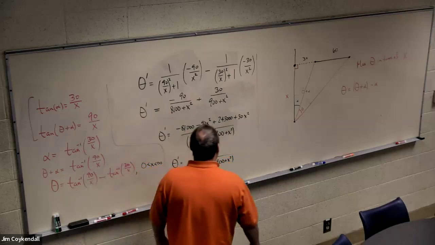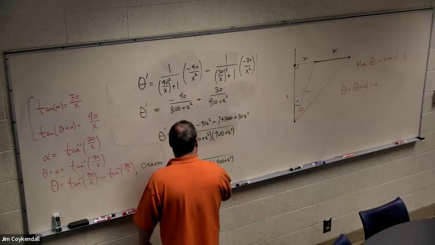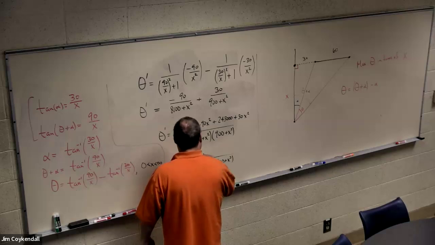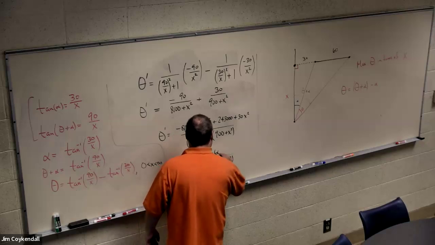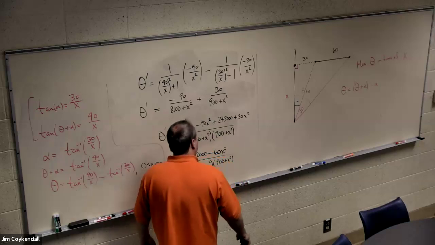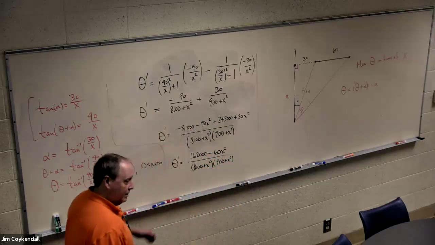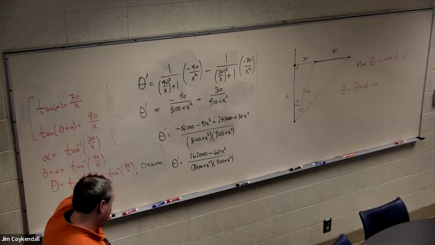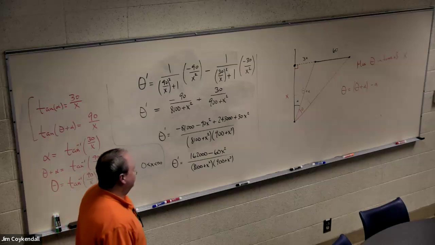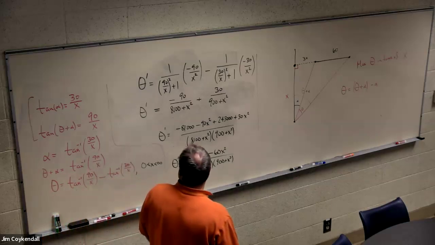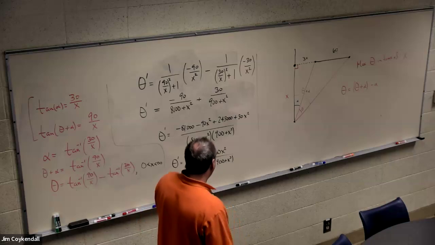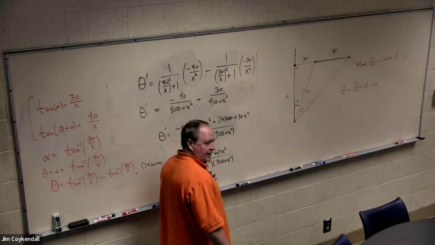And what do I have on top? So if I'm looking for critical numbers here, I don't find any on the bottom, right?